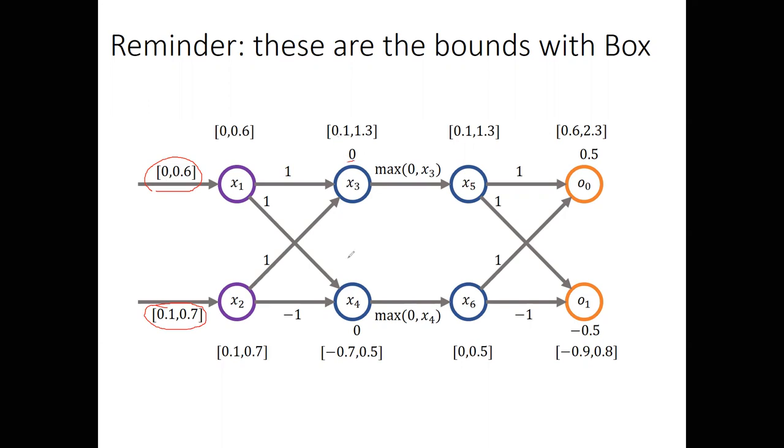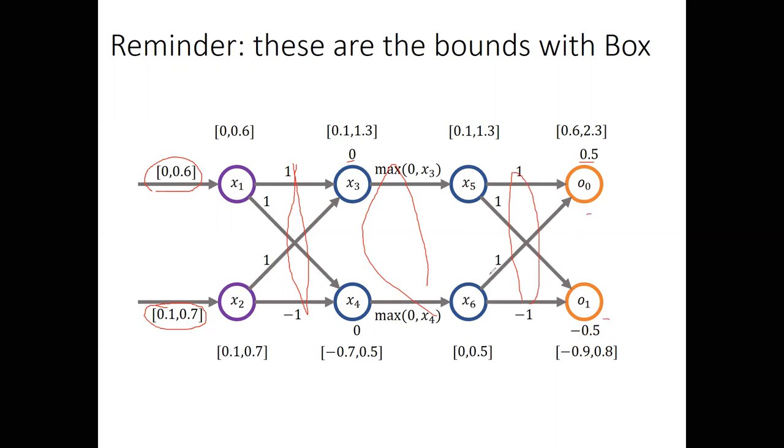And over here is the bias, above each neuron. Here is an affine layer, one affine layer. Here is the ReLU layer. Here is the affine layer again, and here are the outputs O0 and O1.